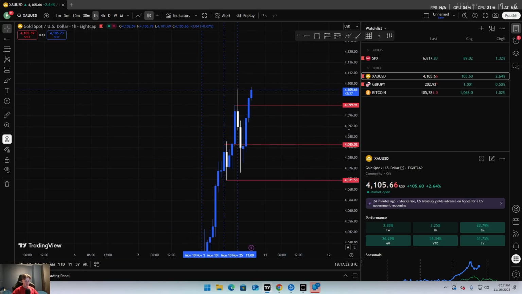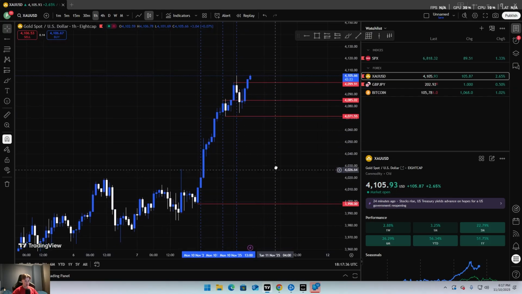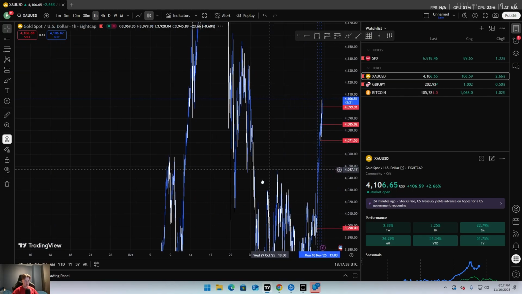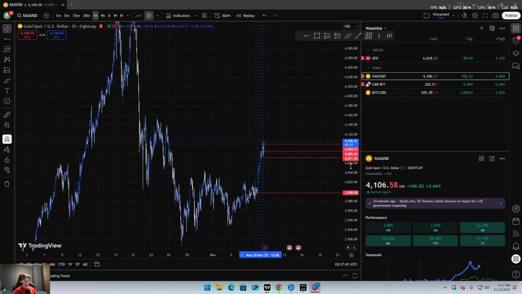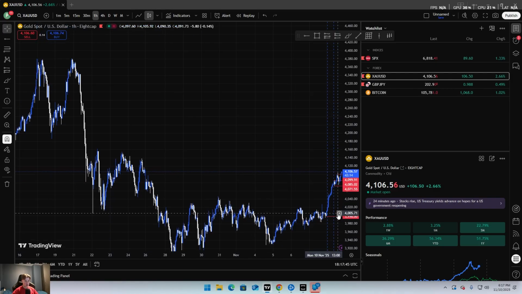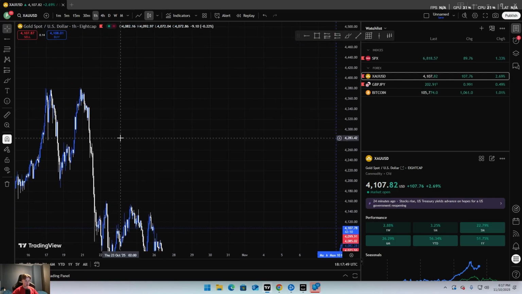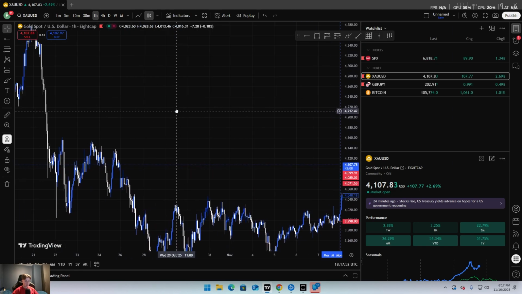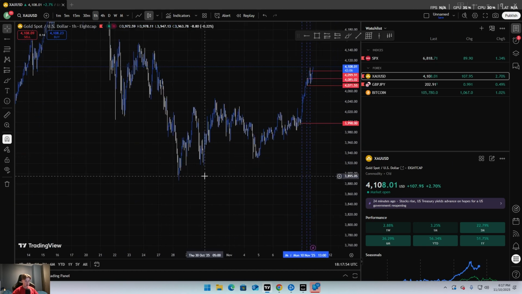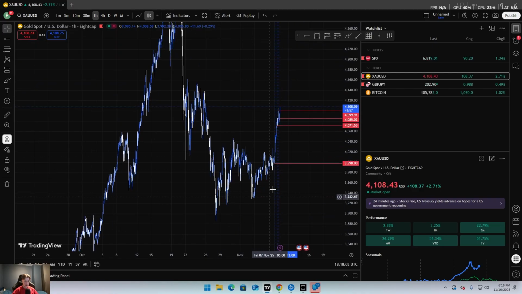Okay, so what can we see? Since the Asian session opens, we can see the market went up and still keeps going up. It could be a retracement back to this, or I think it's more likely into the retracement over here, because the market interestingly filled the orders probably over here, and started going up.